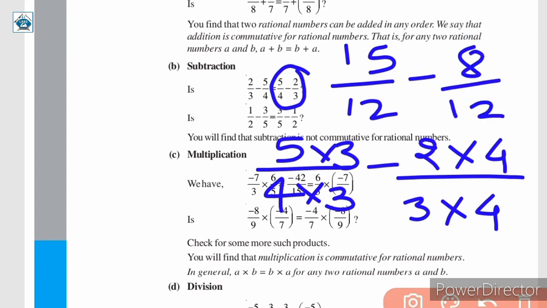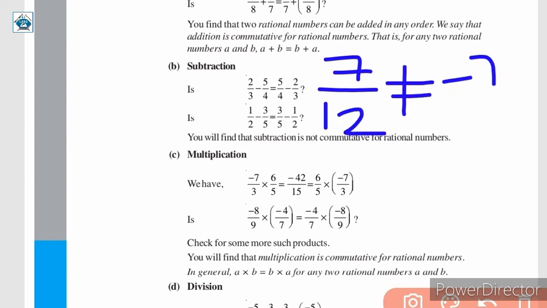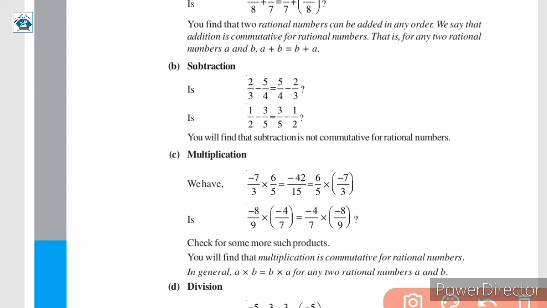So 15 minus 8 upon 12, the answer will be 7 upon 12. In the previous case, we got the answer as minus 7 upon 12. As you all know, 7 upon 12 is not equal to minus 7 upon 12. That is why we can say that subtraction is not commutative for rational numbers. In the similar manner, you can solve this and you will find out that they are not equal to each other.